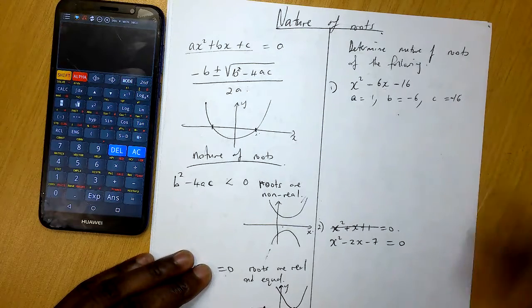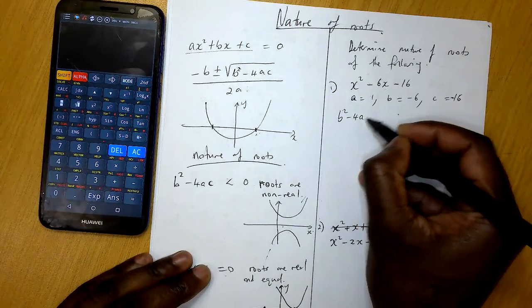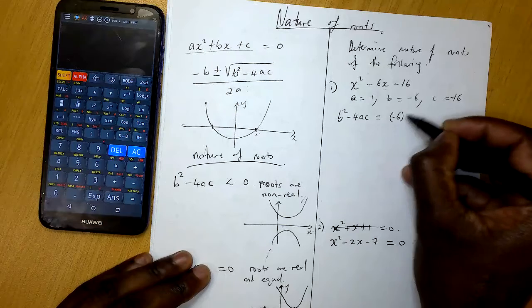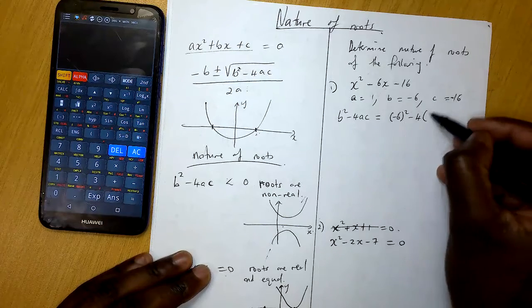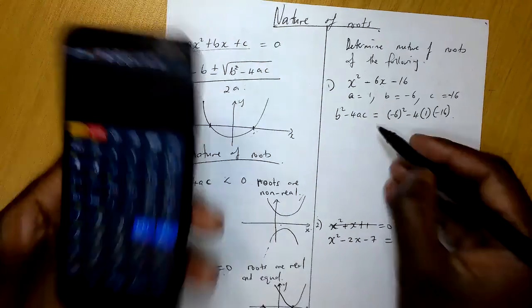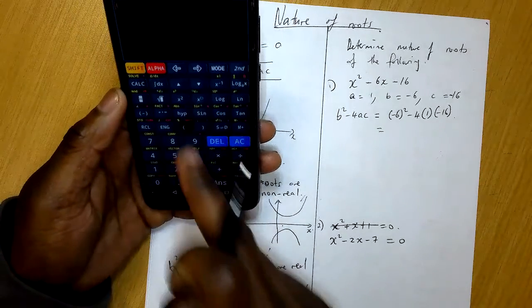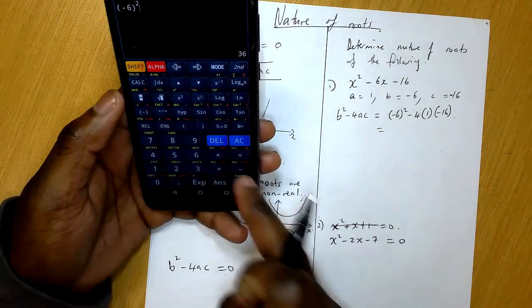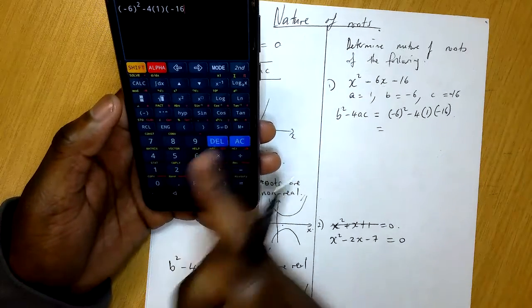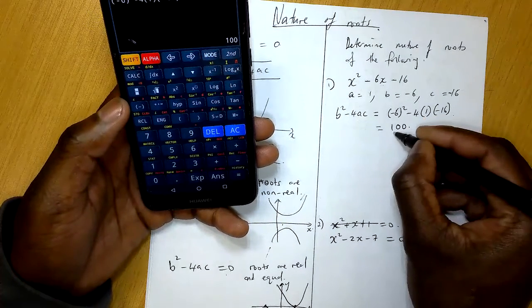Now b squared minus 4ac will be equal to negative 6 squared minus 4 times 1 times negative 16. What do we get here? We get 100.